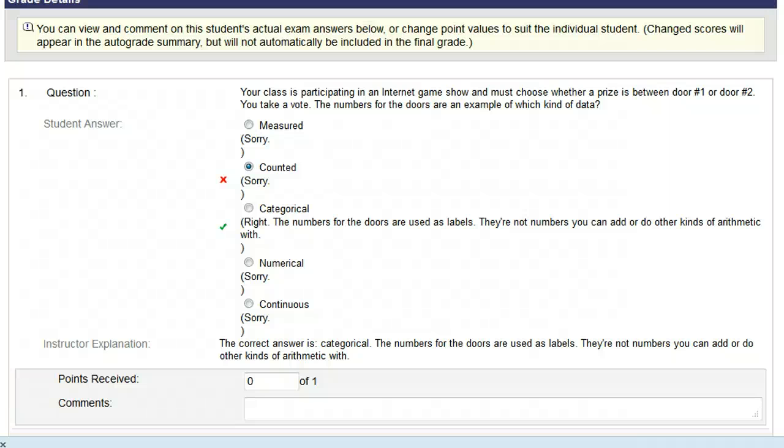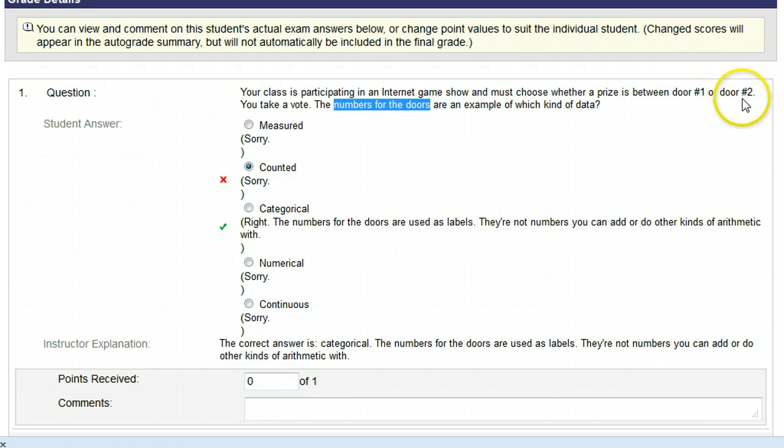Okay, so this is Unit 1, the 1.1 quiz. For question 1, it's a little tricky. The vote itself would be counted. The question asks for the number of doors, though.